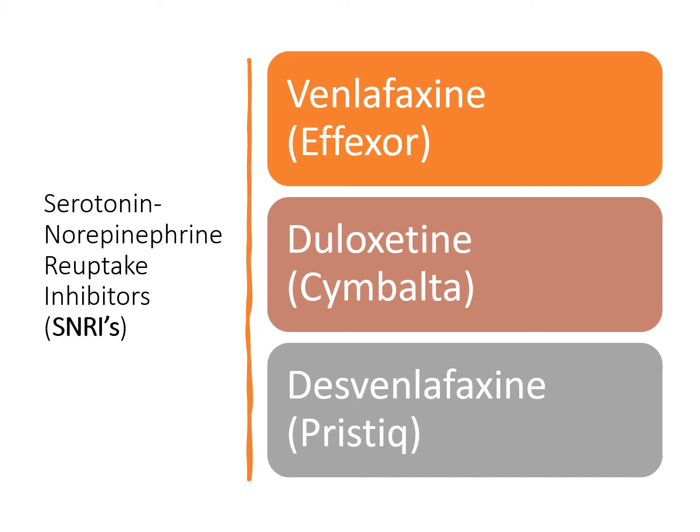What these medications do is they stop it from pulling so much of it back, so more of it can be in the space between the cells and dock in the cell sites. And so with selective serotonin reuptake inhibitors, that only happens with serotonin primarily.